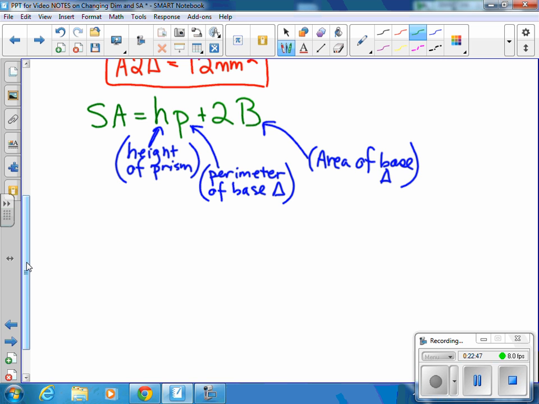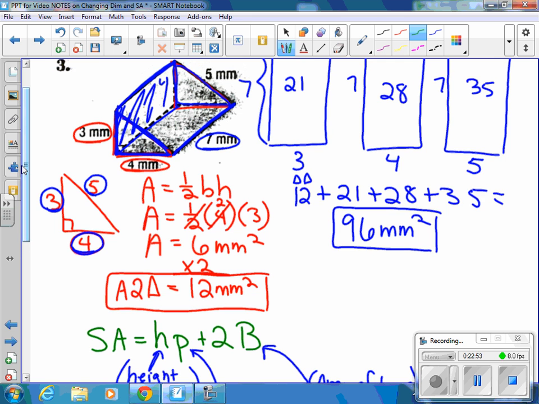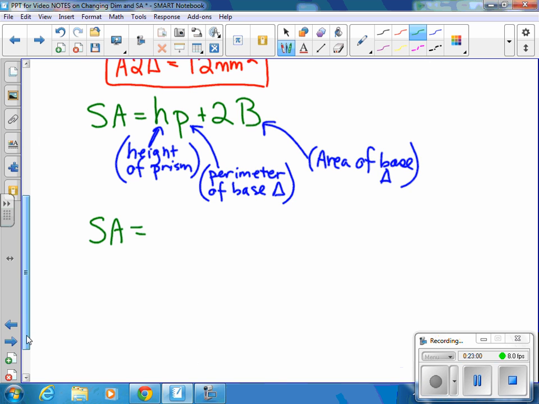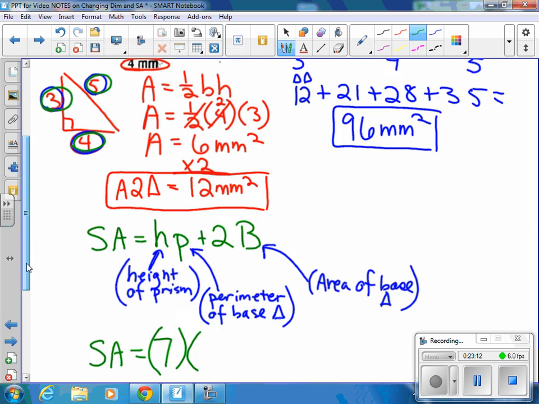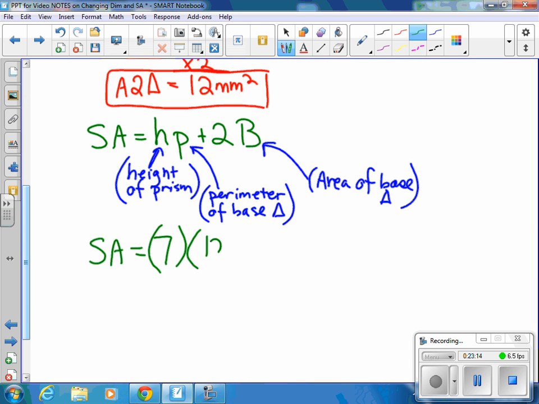Okay, so now let's go ahead and write it down, so what it would look like. Height of the prism, remember, is this part right here, so it's going to be 7. So I'm going to put in 7 there. Height of the prism is 7. My perimeter, again, is the perimeter of the triangle, and so I'm adding these up. 4 plus 5 plus 3. So that's going to give me 12. There's my perimeter.